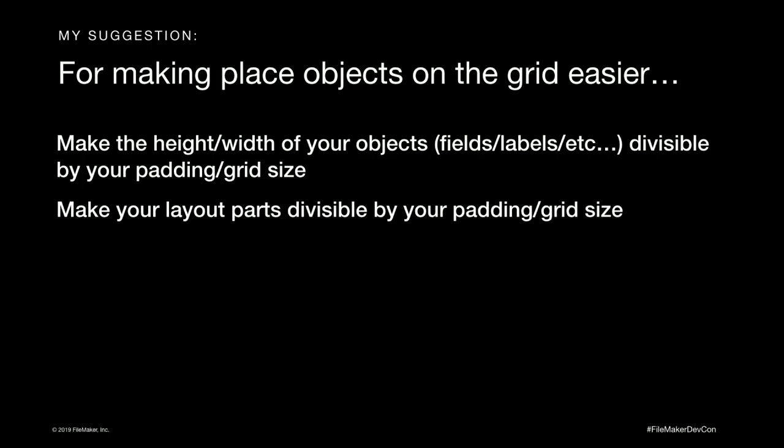You're never really sure if it's on the grid or not. So the technique I use is to make sure that all of my objects, my fields, my labels, their height and their width are divisible by the grid. I can either do that with math, or I can resize things, and I'll show you really quickly how to resize stuff so that I know it's fitting the grid properly.